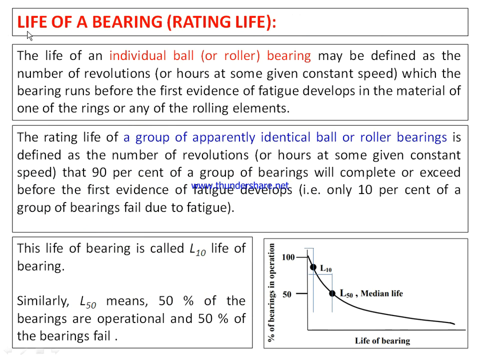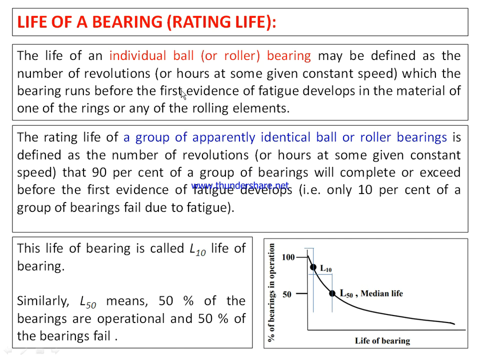Then another important parameter with respect to rolling contact bearings is the rating life or life of a bearing. What is that? The life of an individual ball or roller bearing may be defined as the number of revolutions or the number of hours at some given constant speed which the bearing runs before the first evidence of fatigue develops in the material of one of the rings or any of the rolling elements.